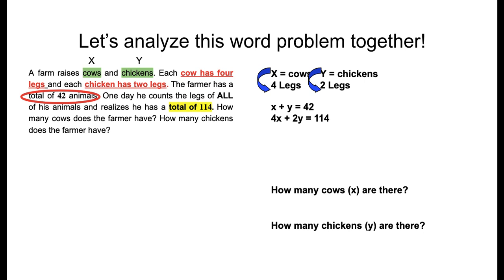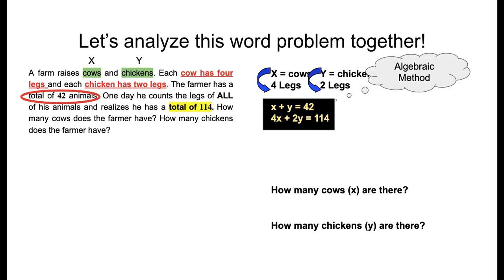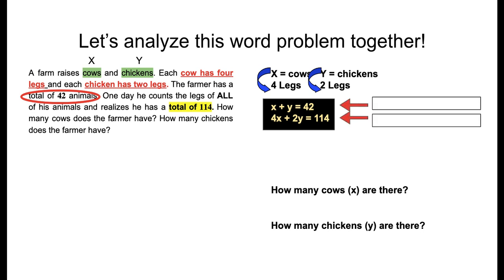Okay, so we are going to take our system of equations here, and the first thing that we need to do is solve this with the algebraic method. So we are going to put both of these equations into slope-intercept form, which makes the first one y equals negative x plus 42, and our second y equals negative 2x plus 57.